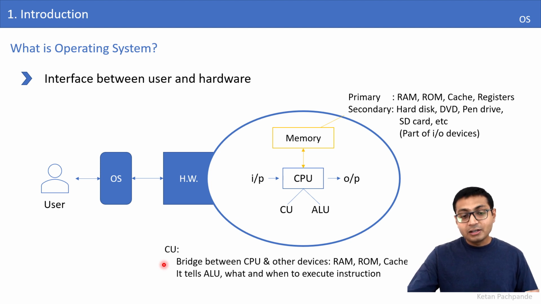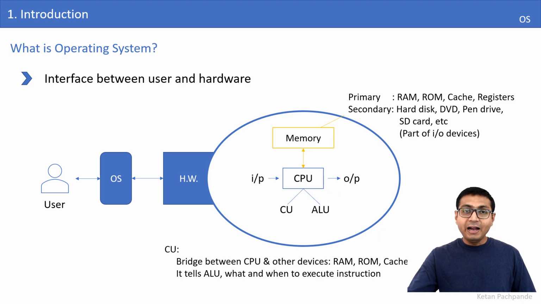And the control unit tells the ALU that here is the instruction I have brought from the memory and now you execute it. And the ALU is able to execute the instruction or access any data only when it is brought in the local memory of the CPU, that is cache and registers. So the ALU cannot talk outside the CPU, only the CU can talk outside the CPU.